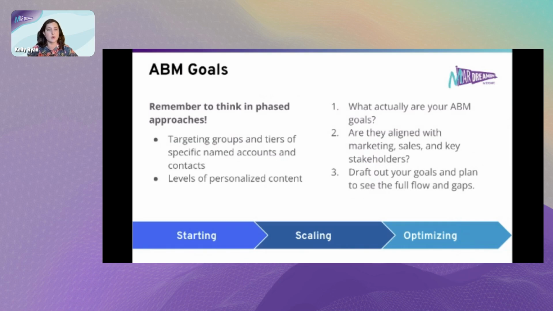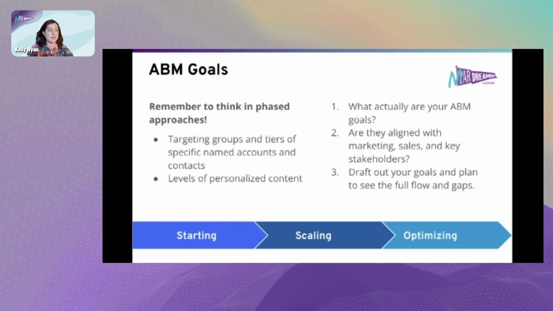So with your ABM goals, a company starting ABM or in later phases of maturity usually doesn't make the shift all at once. We want to change the way we're measuring and thinking about marketing strategy to really think about the effectiveness of our programs and make sure it makes sense. It's most likely going to be different than what you're currently doing with your marketing programs.